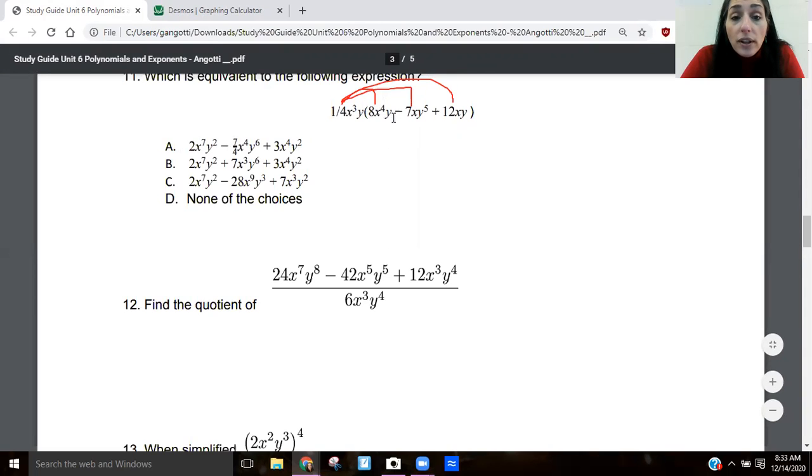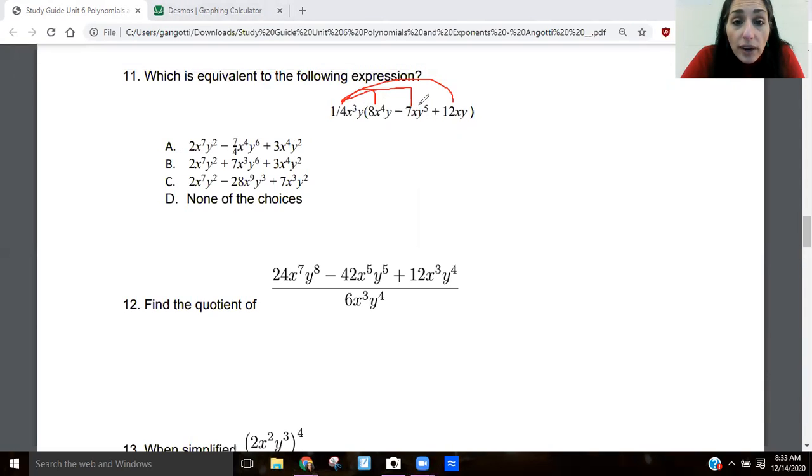This y has a 1, this y has a 1, so 1 plus 1 is 2. And then the rest, 3 plus 1, also, this has got a little 1 right here. Like this y has a 1, this y has a 1, and this y has a 1. So 3 plus 1 is 4.